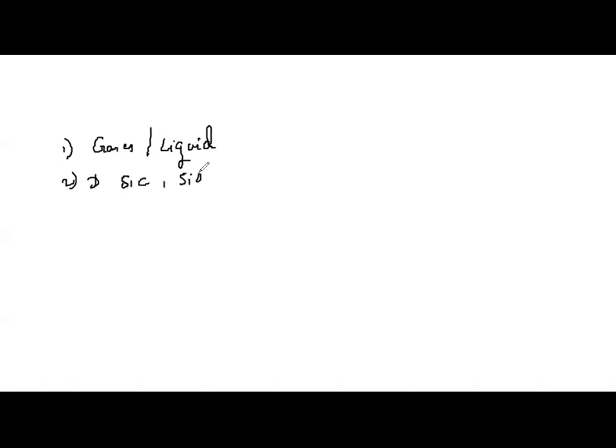Take silica, SiO2. Then aluminium nitride, AlN. These have giant three-dimensional network structures. Therefore, exceptionally, they have high melting and boiling points. Otherwise, covalent compounds have relatively low melting and boiling points.